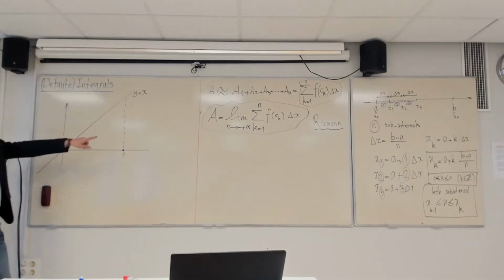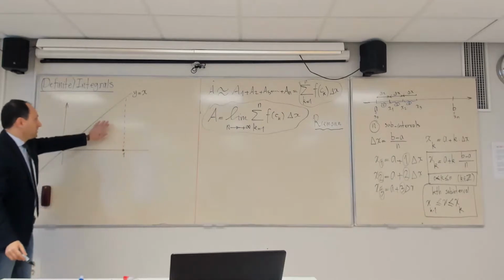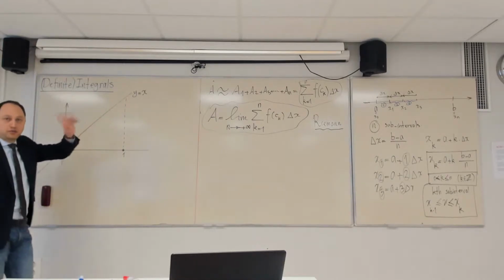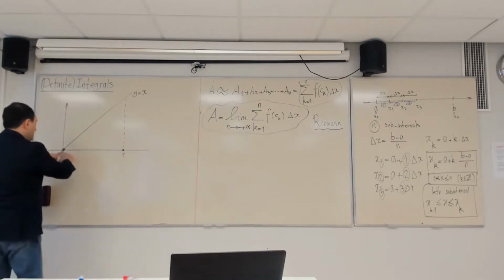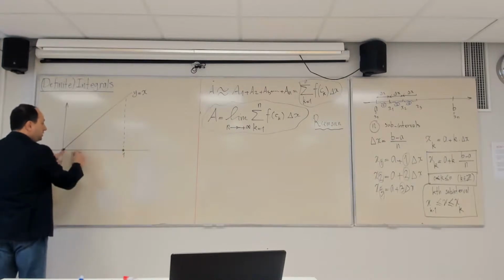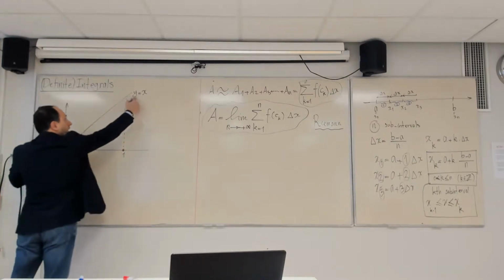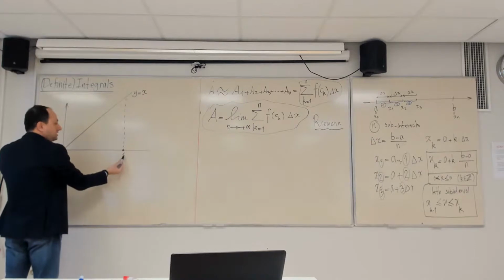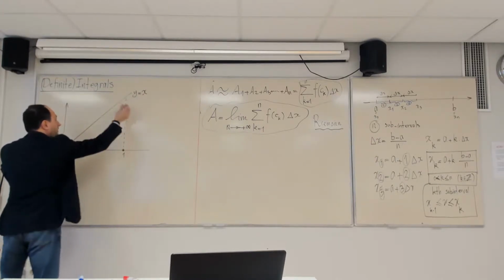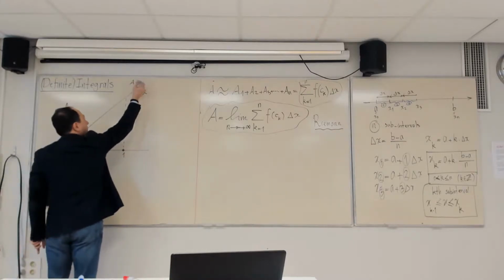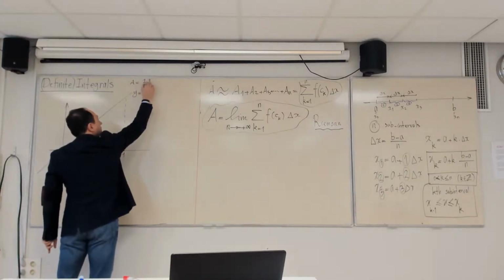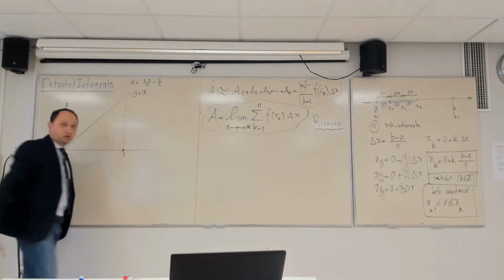Of course, you really don't need that formula because it is super simple. You know the formula for the area of the triangle. So from here to here is 1 unit. y is equal to x. x is equal to 1, so this length is also 1. If I want to find the area, it's super simple. I multiply 1 by 1 divided by 2, finished, 1 over 2.